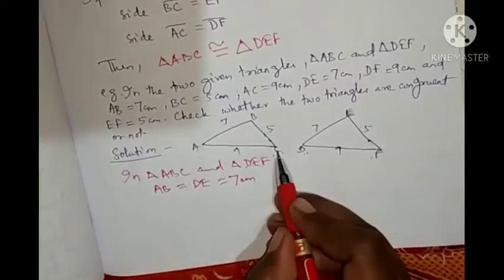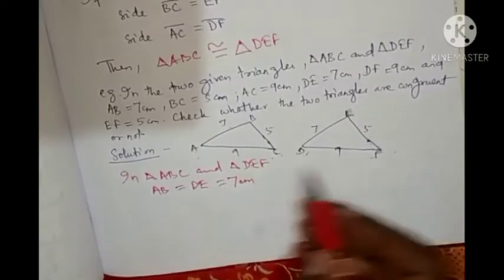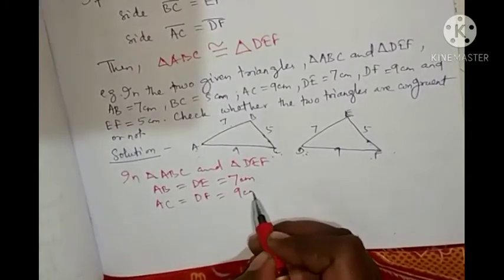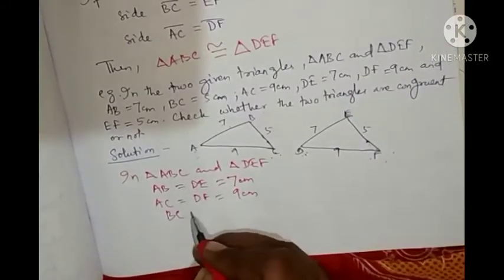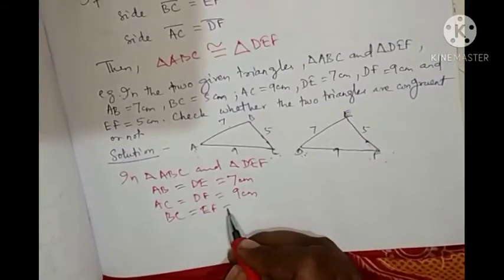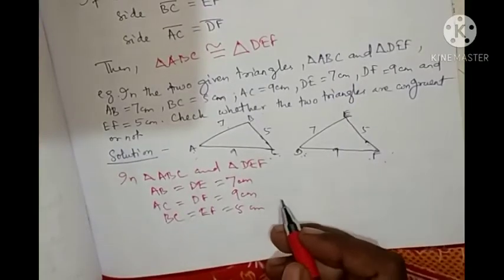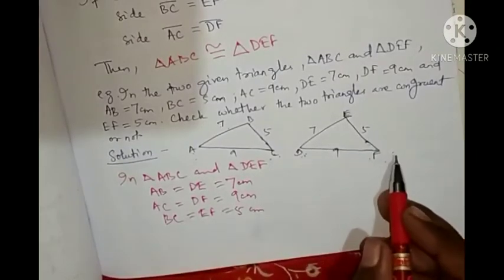AC equals DF, 9 cm. BC equals EF, 5 cm. This shows that all three sides are equal to the sides of DEF.